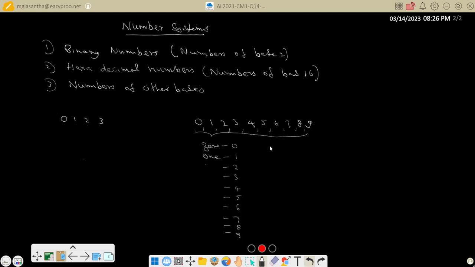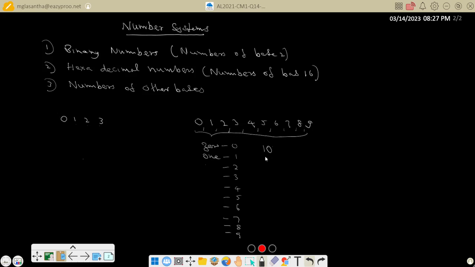How do you write 10? Do you use another symbol for that? No. You form that number using the same set of symbols. So 1, 0. We are discussing our familiar numbers, not hexadecimal numbers, right?